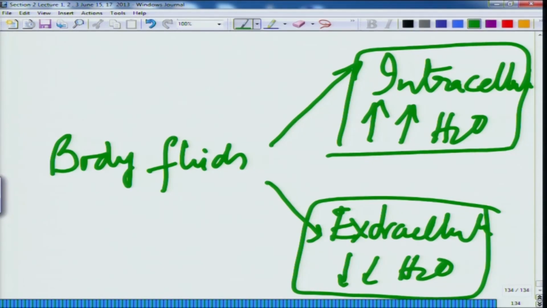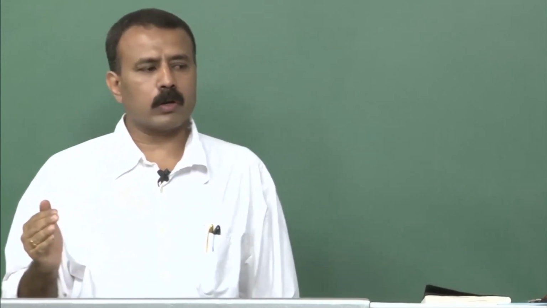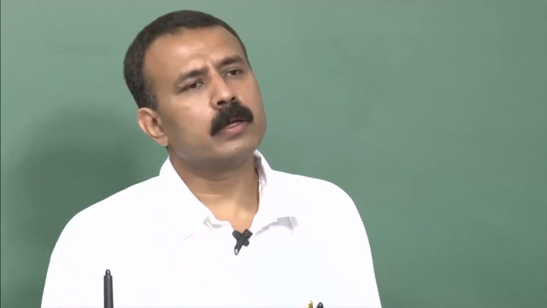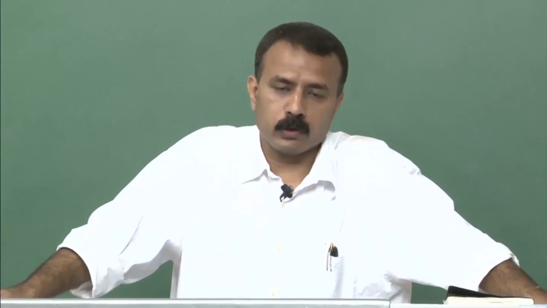So, this brings us to a conclusion of our second section of the topic, which is membrane physiology of nerve and muscle. What I expect is that you should have a very clear idea about the structure of the membrane and its different components, which include the lipids, the major component, including the glycolipids and the phospholipids.